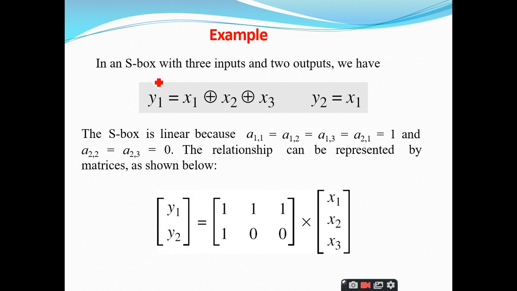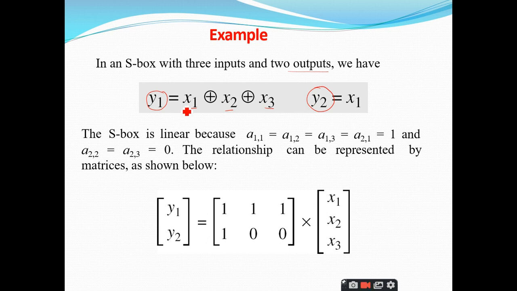Yes. So here is an example to describe an S box with 3 inputs and 2 outputs. As I told, we have 2 outputs y1 and y2, and the 3 inputs are defined as x1, x2 and x3. So how is this y1 defined?